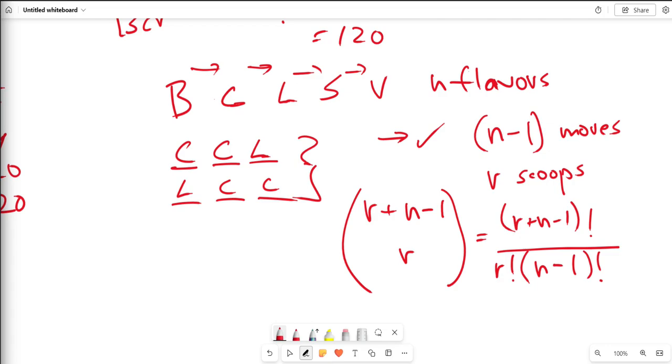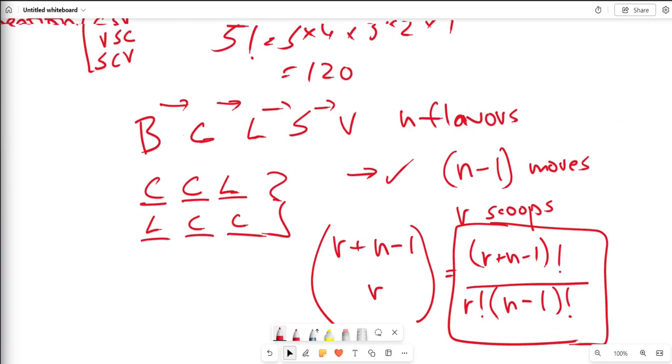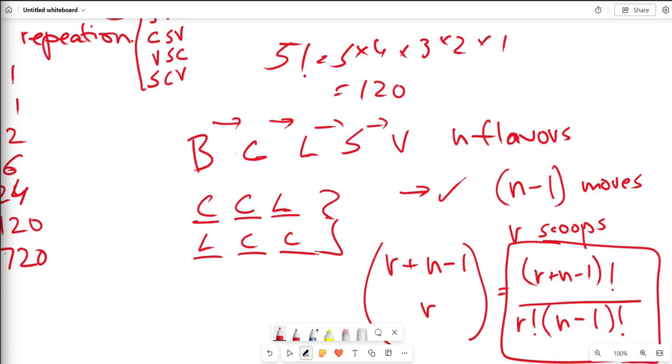And this is basically it. This formula here is how you would come up with combinations with repetition. So I hope that made sense. If it didn't, go back over the video and think about it again.